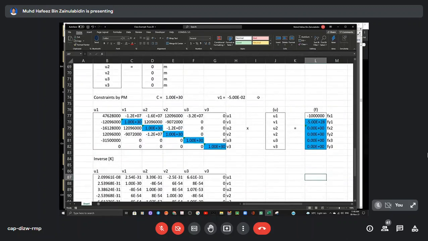Okay, clear? Maybe we put the constraints U2 equals V2 equals U3 equals V3 equals 0, to make this part clearer.